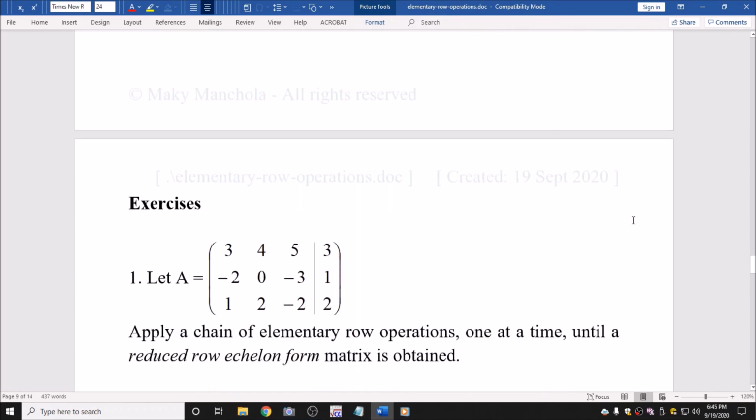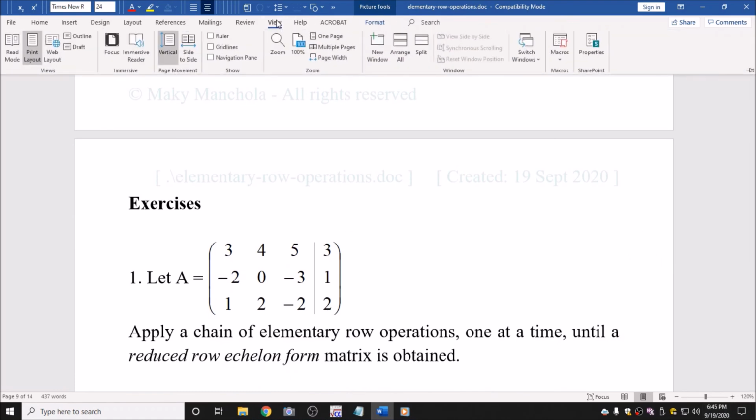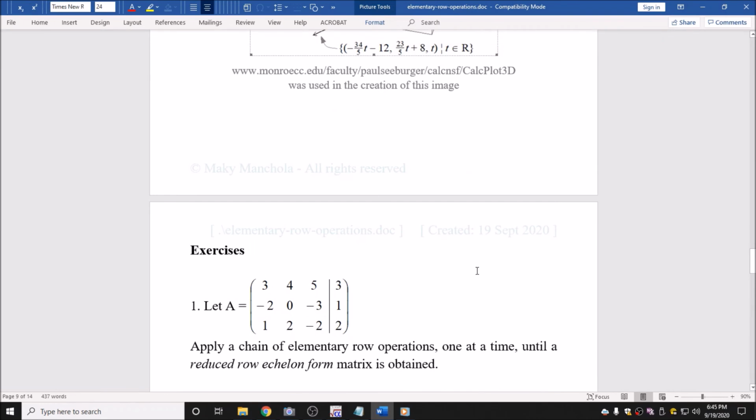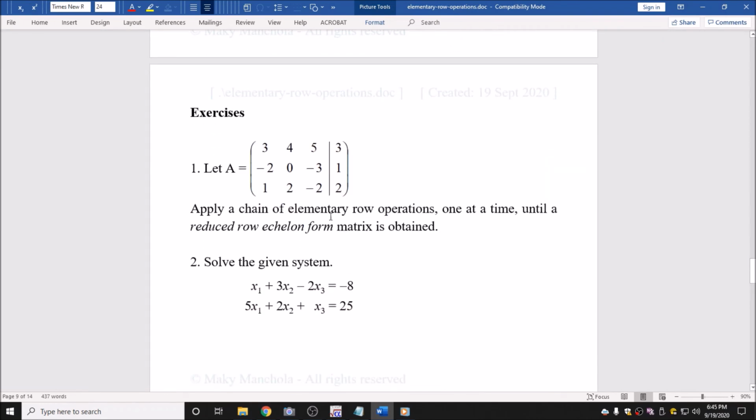All right, here we have some exercises for the audience. One, let A be the matrix whose first row is 3, 4, 5, 3, whose second row is negative 2, 0, negative 3, 1, whose third row is 1, 2, negative 2, 2.